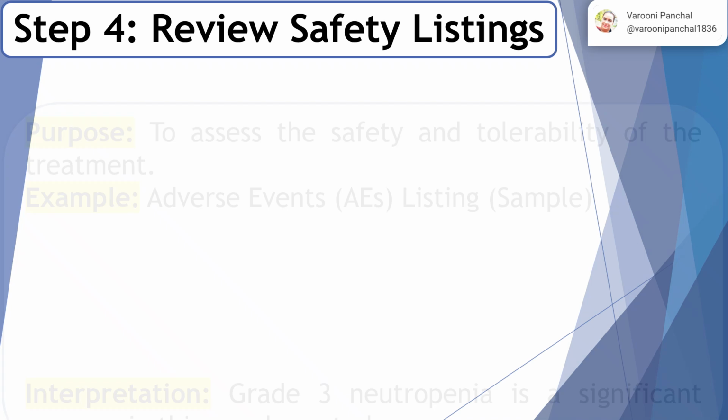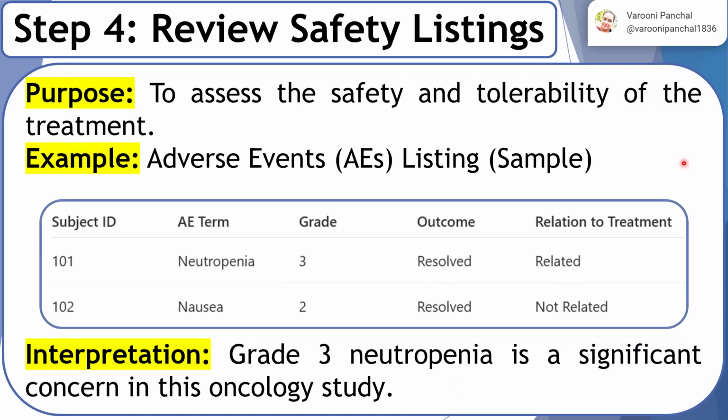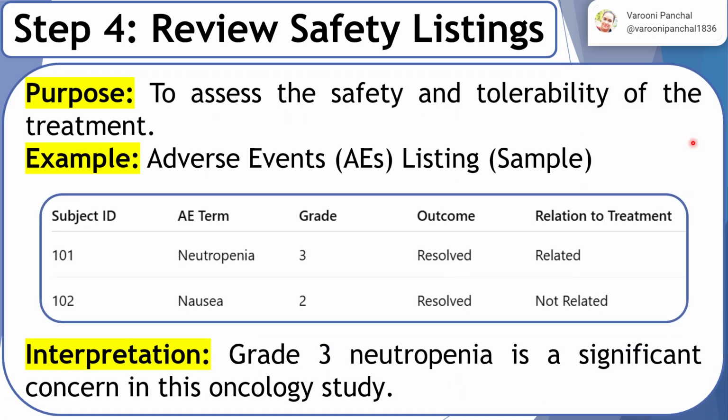Now step 4, review safety listings. This is used to assess the safety and tolerability of the treatment. Here the example is the adverse events listing. Grade 3 neutropenia is a significant concern in this oncology study. The reason is this specific AE term, neutropenia, has a severe grade, which is 3: 1 is mild, 2 is moderate, and 3 is severe.